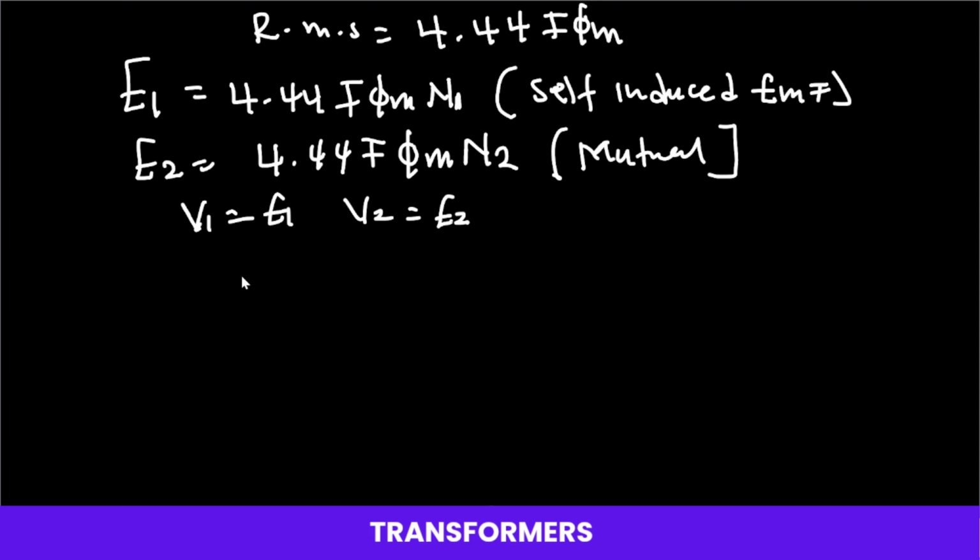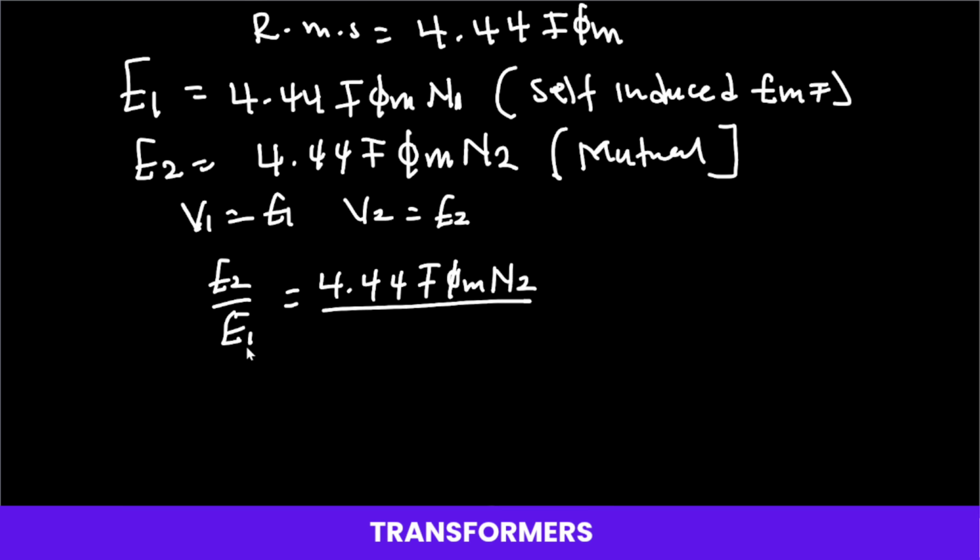So let's look at the ratio of E2 to E1. We know the parameters of E2, where E2 is equal to 4.44 times the frequency, the maximum flux, multiplied by the number of turns, all divided by E1.